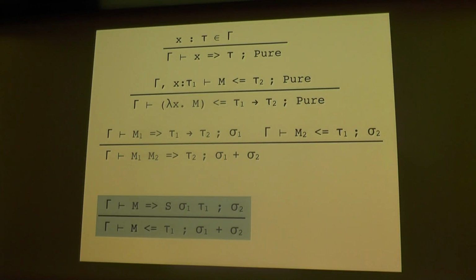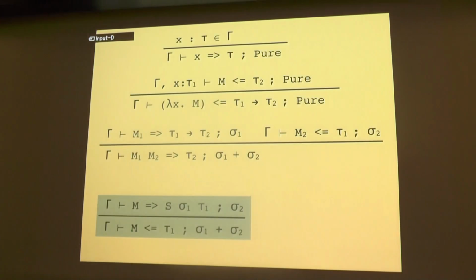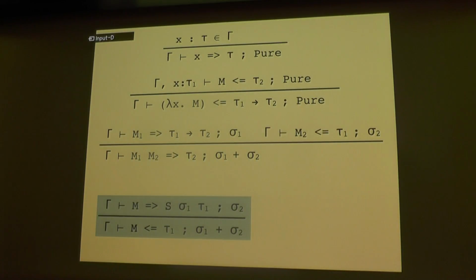They published a paper around 2013 called Complete and Easy Bidirectional Typechecking for Higher-Rank Polymorphism. That was at ICFP, and the contribution of the paper was a bidirectional type system which did higher-rank type inference. In that system, instantiation of polymorphic types was handled by the subtyping judgment.